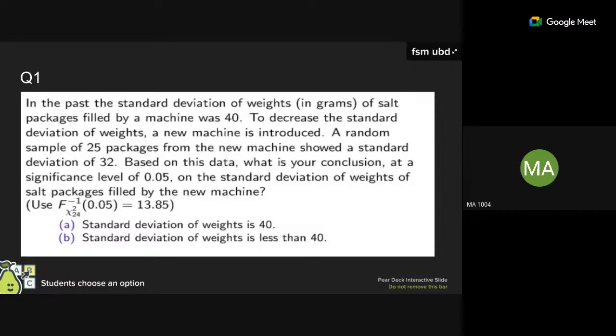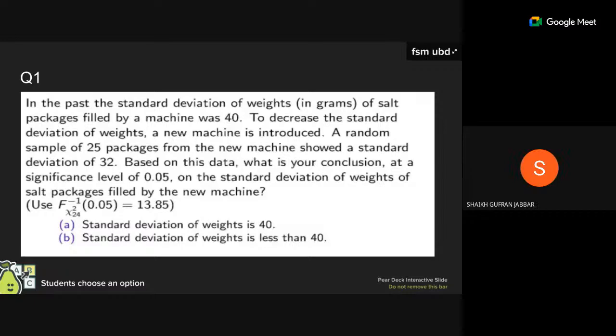The null hypothesis says the standard deviation sigma is equal to 40, and the alternative says the standard deviation is less than 40. How did we get this less than 40? Not from the options, but from the question: the new machine showed a standard deviation of 32, which is less than 40.